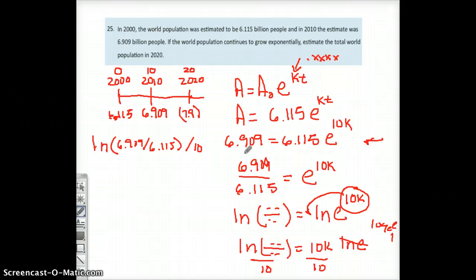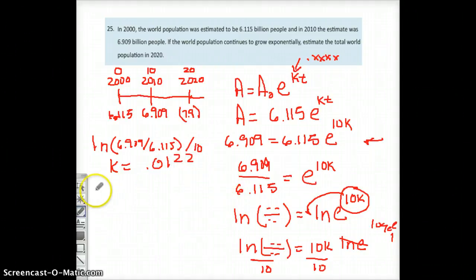If you have trouble, you could just do that a step at a time. That's no big deal. So ln of 6.909 divided by 6.115, close parenthesis, divide by 10, and I get the following number. k is equal to 0.0122. See how I rounded to 4 places?